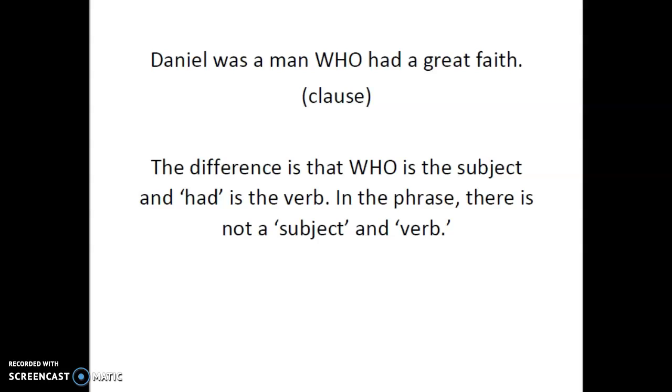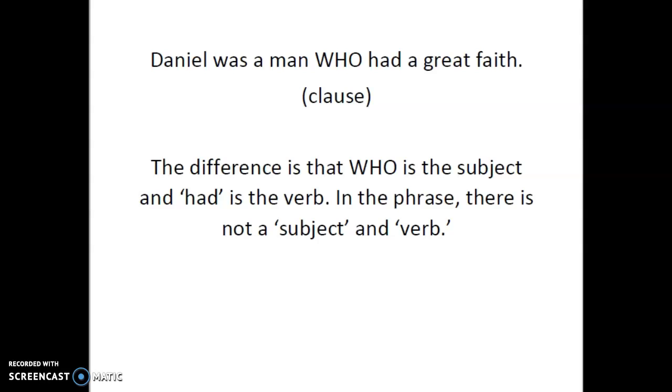And so here we have Daniel was a man, still a predicate nominative, and who had a great faith is the clause. Now, if I were to give you a little quiz and ask you what is the subject and verb of the adjective clause, you would tell me who is the subject, had is the verb, and who had what?